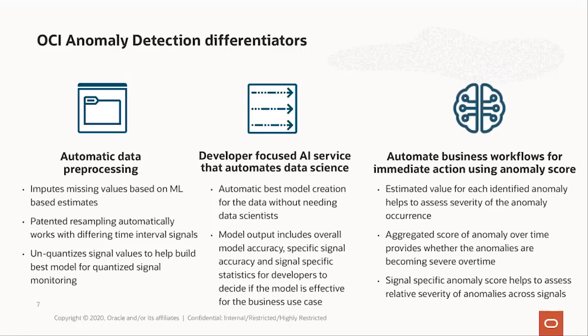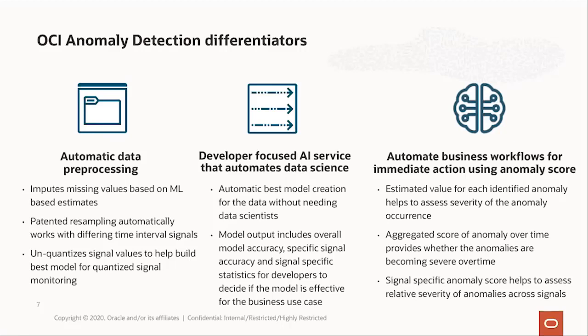That's one differentiator. The second differentiator is that the service is built from the developer's and the business user's perspective. So when you trigger the model training, you are asked what is the ideal false alarm probability that you need for the model to be applicable for the business problem that you're working on. And other than that, all the data science aspects of building the best model, optimizing the hyperparameters, all of that is automated within the service.